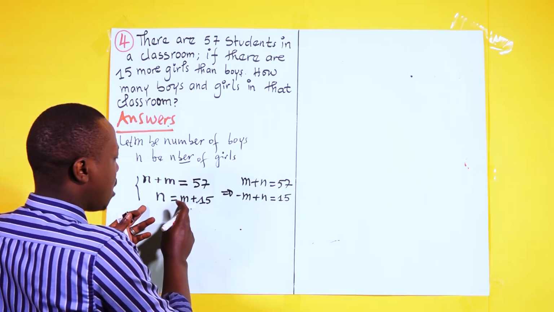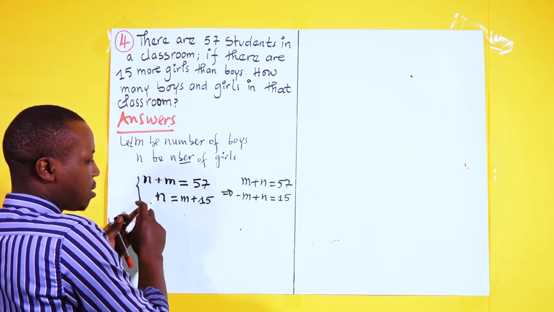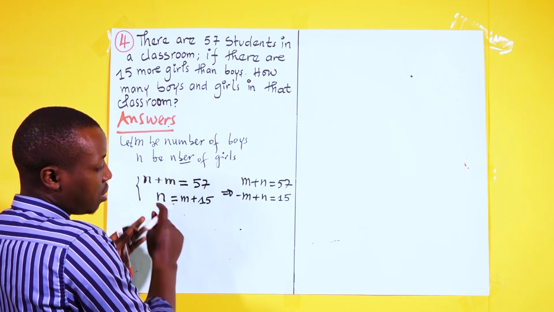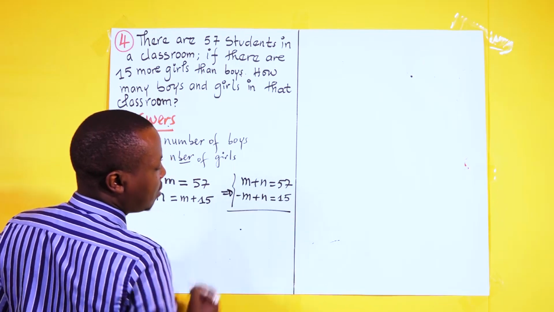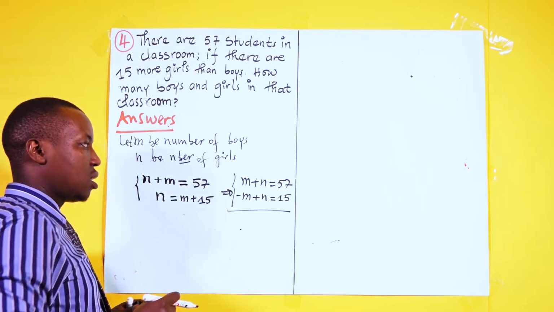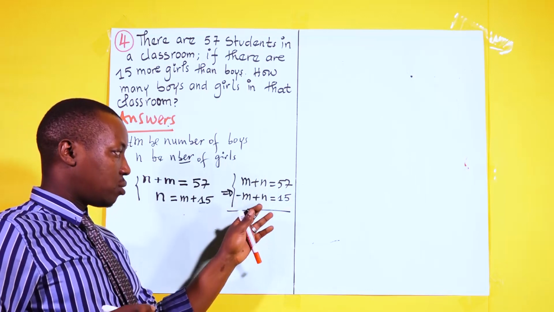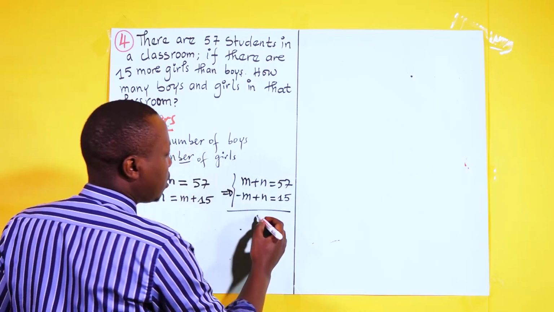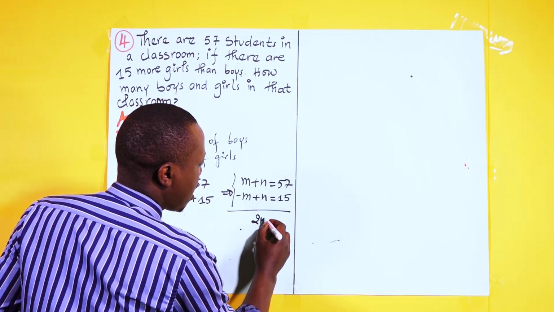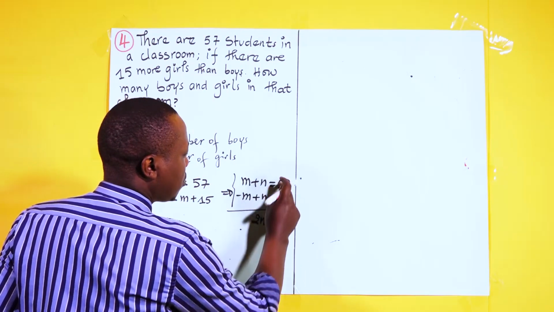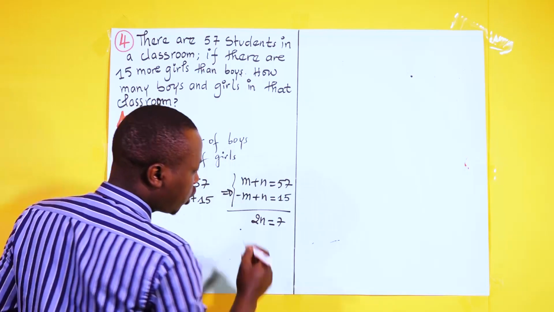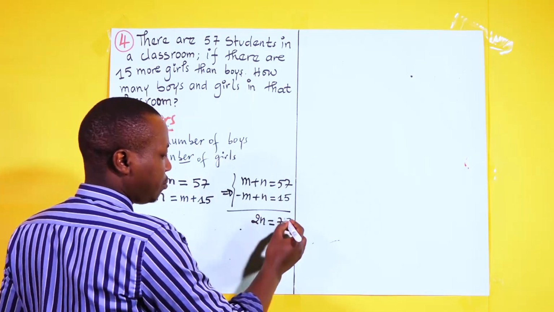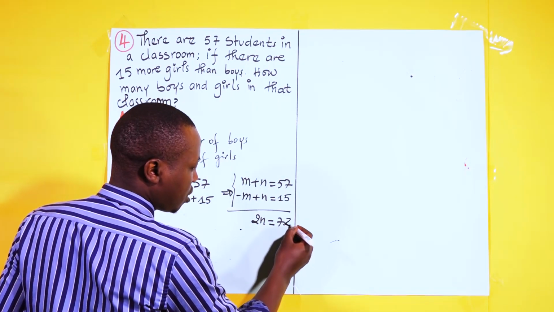So we have taken m to the left hand side, it becomes negative. Then when you add, there's equation number 1 and equation number 2. Then we remain with 2n equals, when you add up these ones, 57 plus 15, how much? 72.